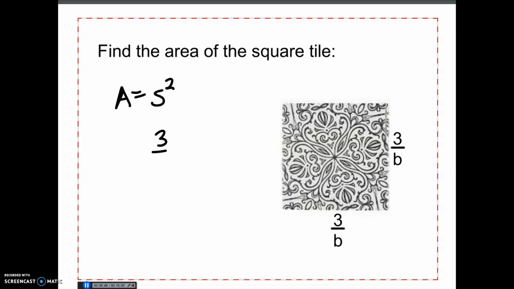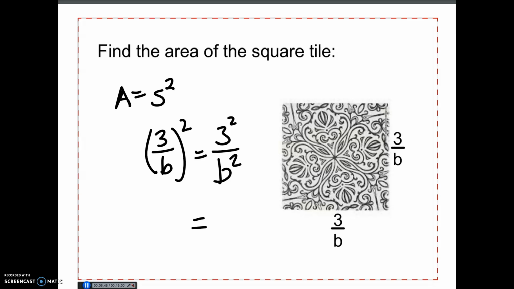So in this case, that would be 3 over b squared, which would be 3 squared over b squared. And I can evaluate 3 squared. 3 squared would be 9. So 9 over b squared is going to be the area of this tile.